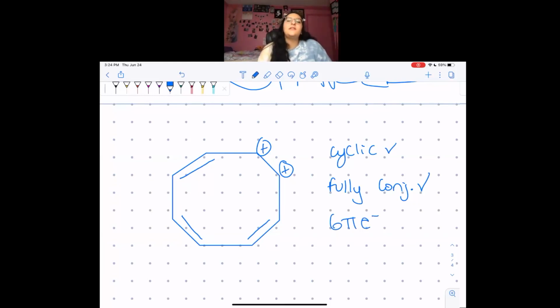So does this follow the aromatic or the anti-aromatic rule? Aromatic. Yes. So, since it's an 8-membered ring, it can either force itself to stay flat and become aromatic, or it can bend and be not aromatic.